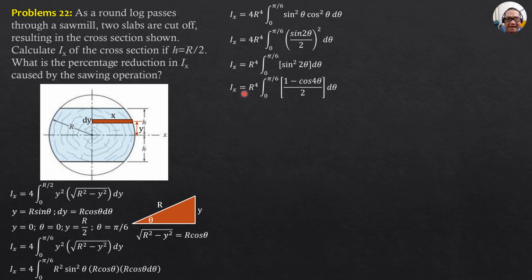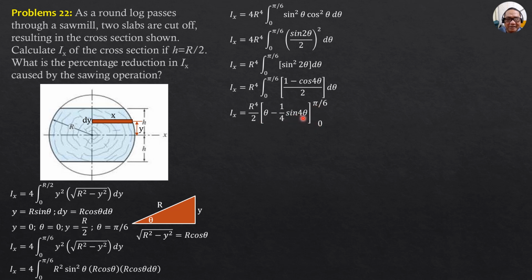So Ix is r to the fourth over 2. Integral of d theta, of course, is theta, and the integral of cosine 4 theta d theta is sine 4 theta over 4. So Ix is r to the fourth over 2 quantity theta minus 1/4 of sine 4 theta from 0 to pi over 6.